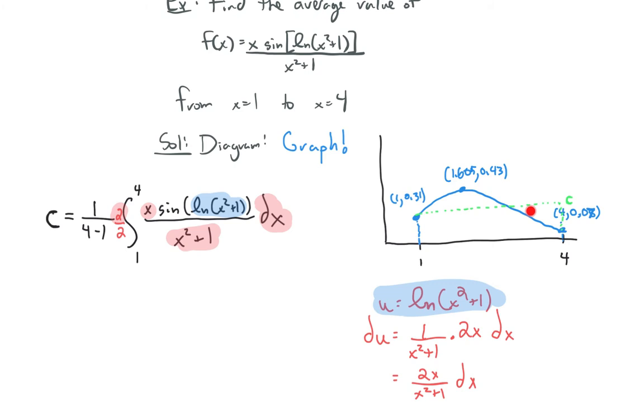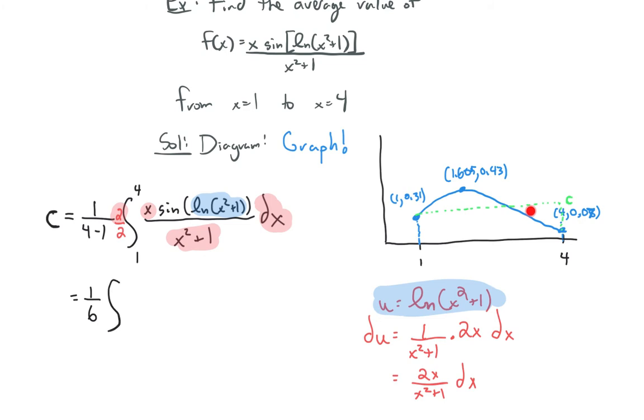So actually this looks quite simple, and we'll worry about the bounds of integration in a second. Here we have 1/3 times a half, since we took out that 2, so that is 1/6 on the outside, times the integral.